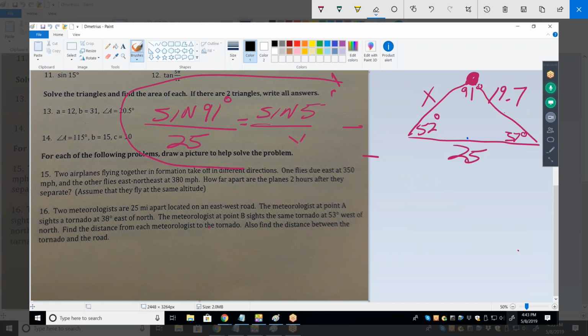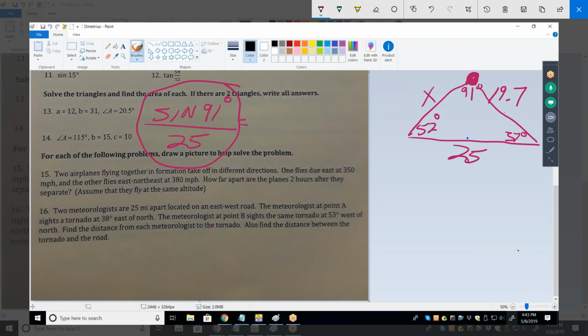What equation solves for x? I don't need to use a different ratio than I used on the first one. This ratio right here holds for all three angles in that triangle.